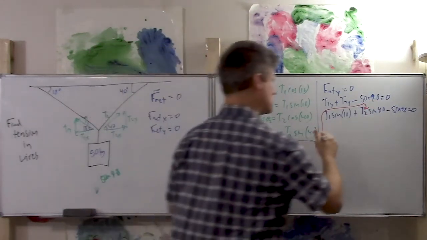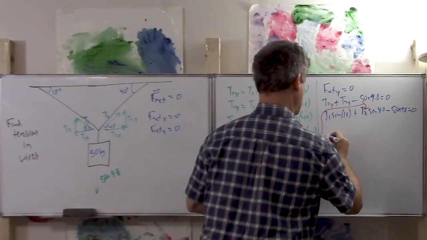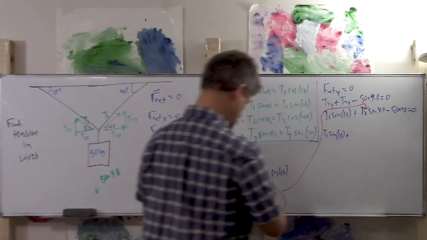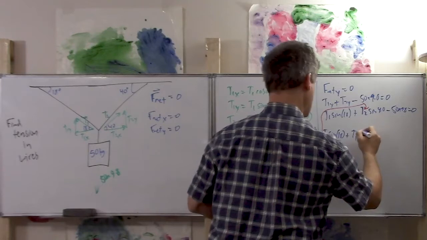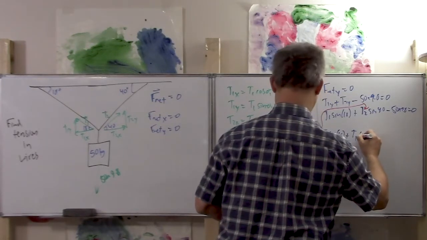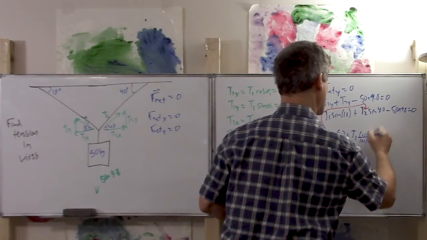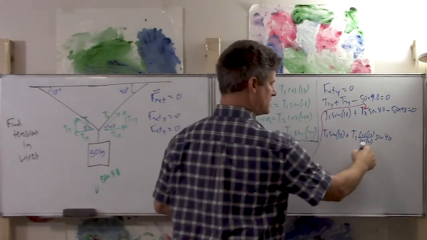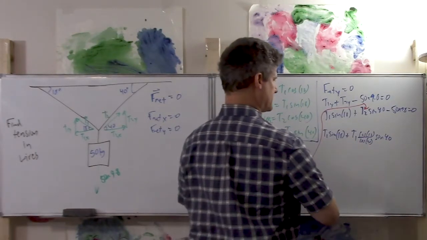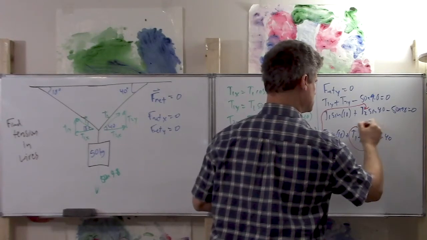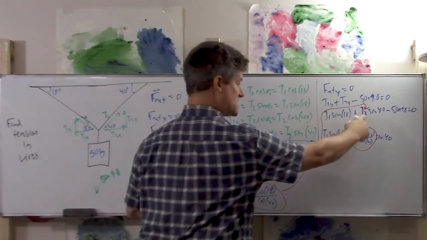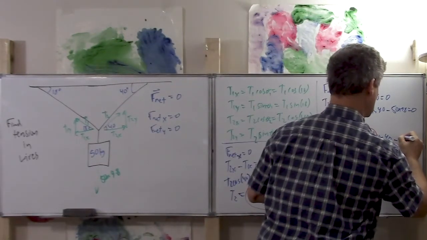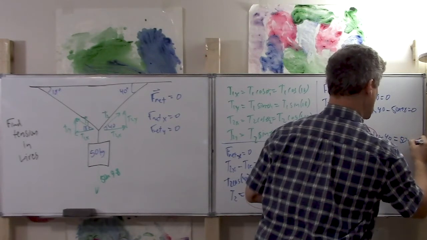So rewriting this equation, T1 sine of 18 plus T2, which is all this, T1 cosine of 18 over cosine of 40, and then don't forget this, sine of 40. So all of this was T2, just from right here, and then equals 50 times 9.8.